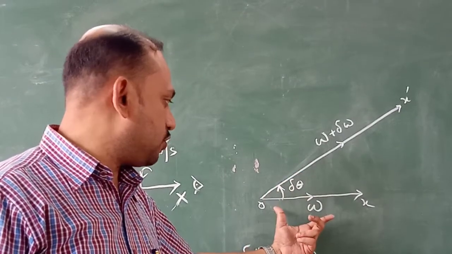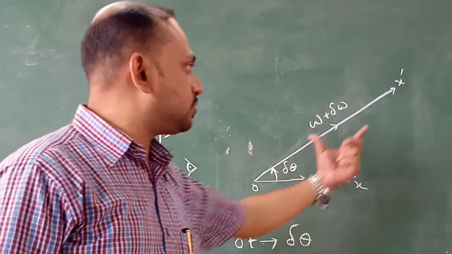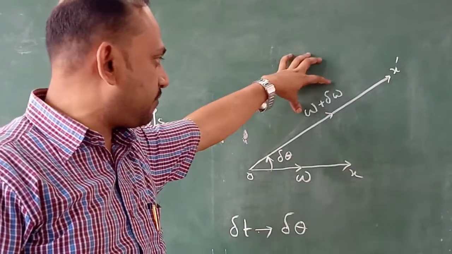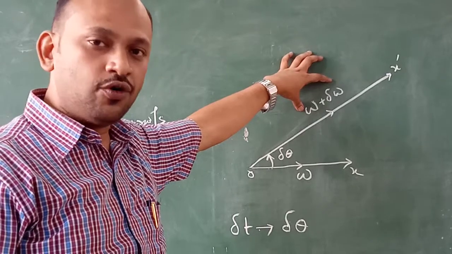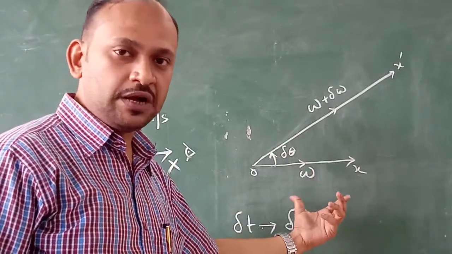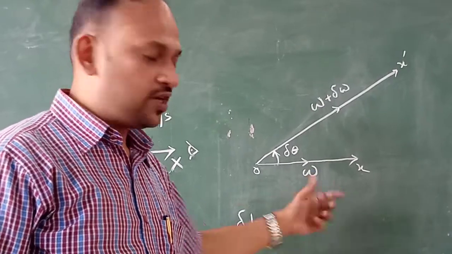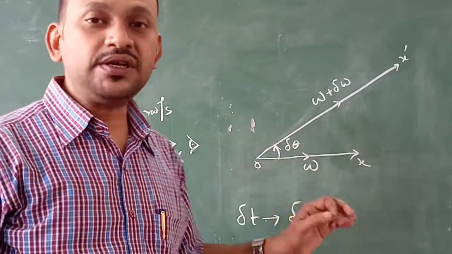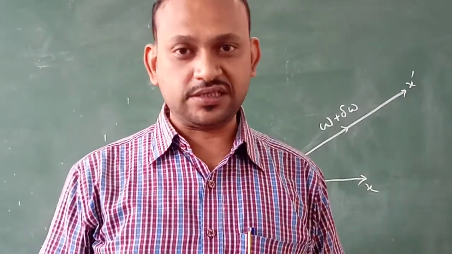It assumes a new position from OX to OX dash, and as the magnitude of the velocity vector is more, the length of OX dash will be more in comparison to OX. So it is traversing a distance del theta, and this is actually happening in practice.